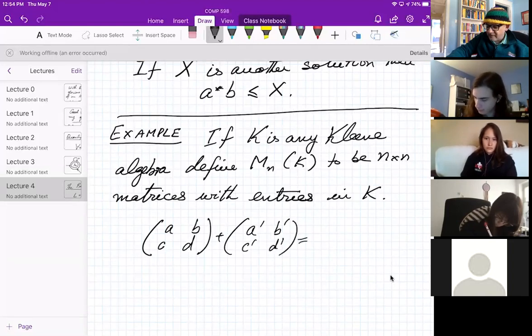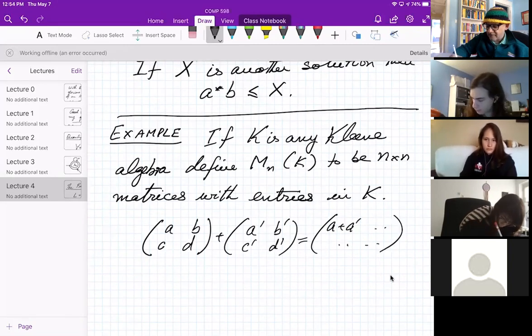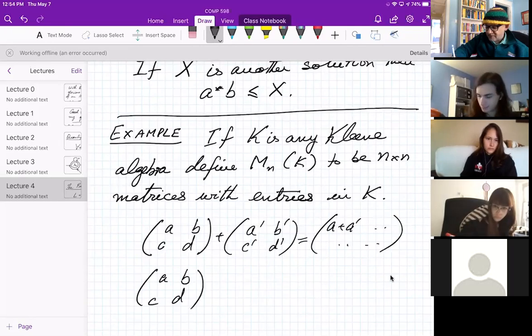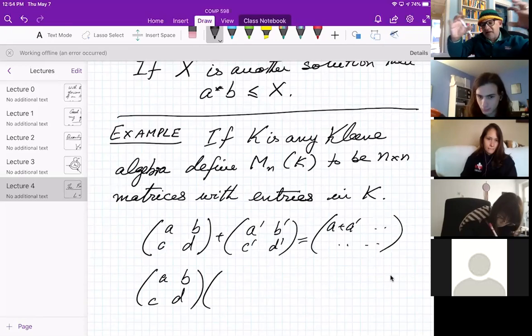So when you want to add these things, of course, you just add them component-wise, and so on. The more interesting operation is matrix multiplication. You see the matrix multiplication rule, which we were always taught: you take the rows and the columns and multiply the corresponding things and add them up.